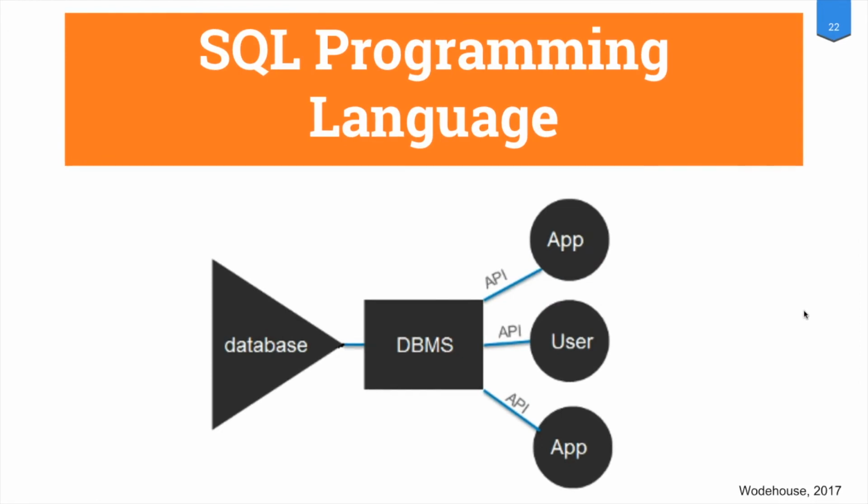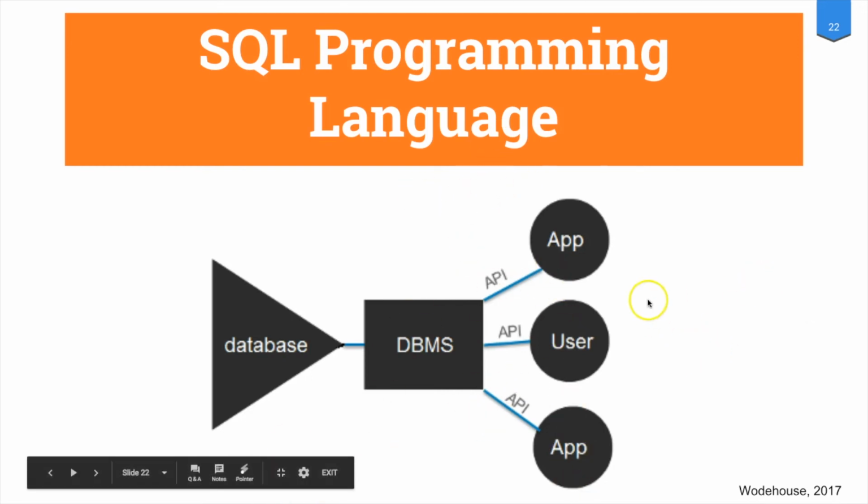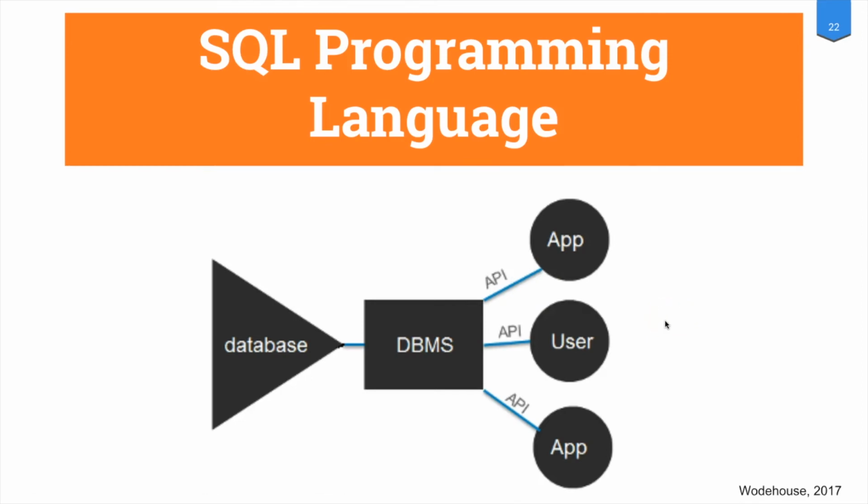In this illustration, SQL is the programming language which is used to access the database management system and the database. It is represented right here by API, which stands for the Application Program Interface. The app, or the user, writes SQL commands which are processed by the database management system.